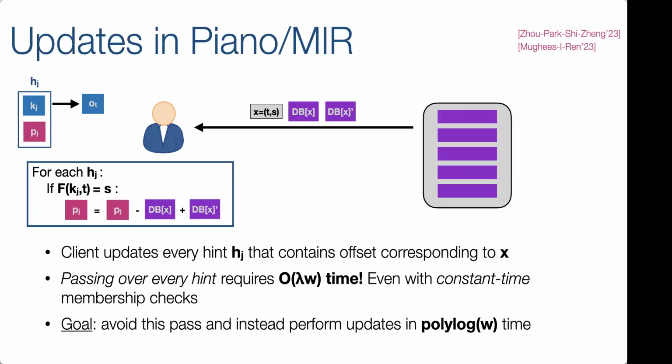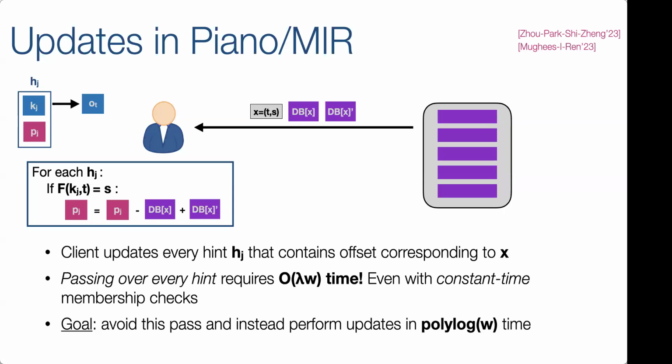Updates in both Piano and MIR work in the following way. Under our scheme, you could use Bentley-Saxe, but we're going to elide those details. So if I tell you that I've updated element X from dbx to dbx prime, I iterate through every hint. I check if X is in the hint set via this PRF computation.